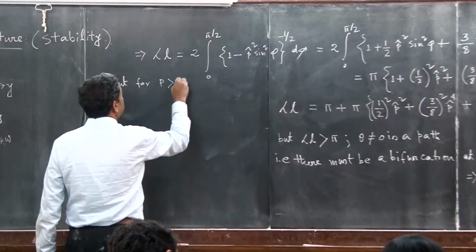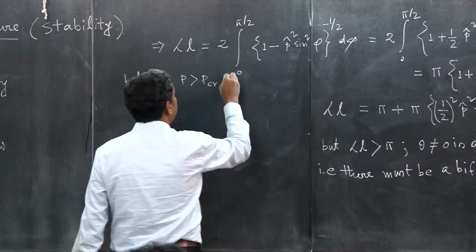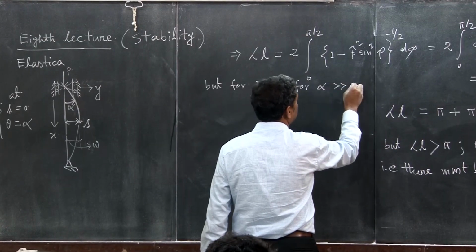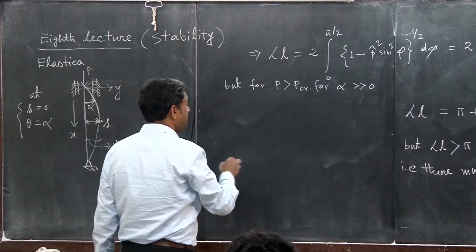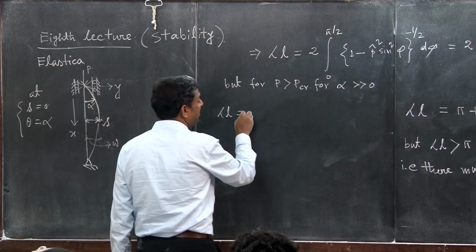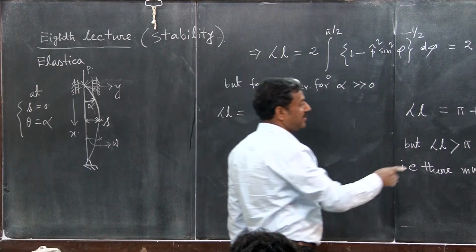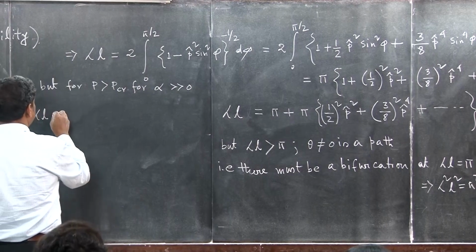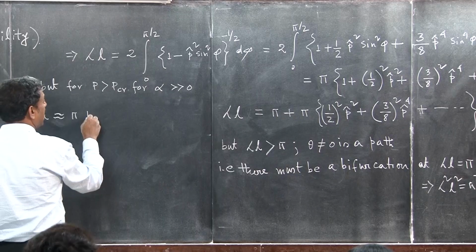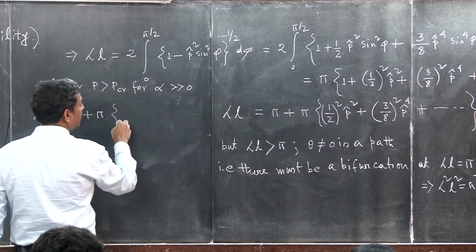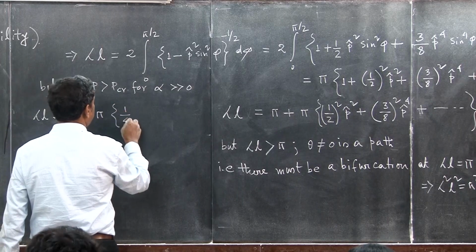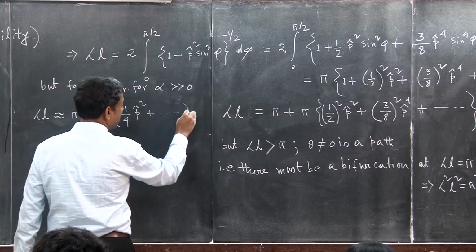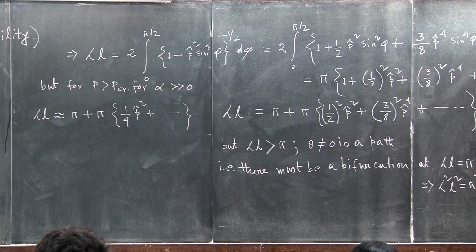But for P greater than P critical, that means for alpha a reasonably higher value, right? So let us take a first term approximation. Then I can write lambda L equal to pi plus pi times 1 by 4 p cap square, neglecting another term, knowing that p is small.